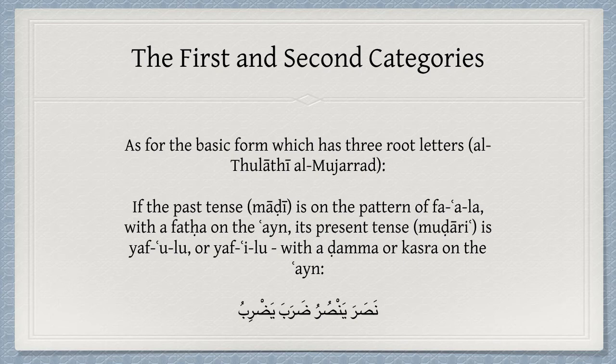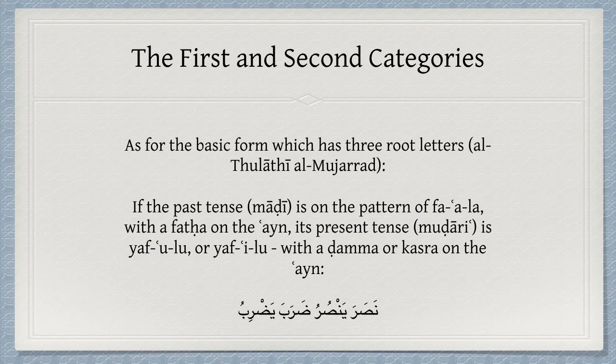So the relationship between the ayn letter in the past tense and the ayn letter in the present tense is what you call a category, and there are 6 of those, which the Arabs used in their language, and they show the relationship between the past and the present tense. So what we'll do is look at these categories now in a bit more detail.